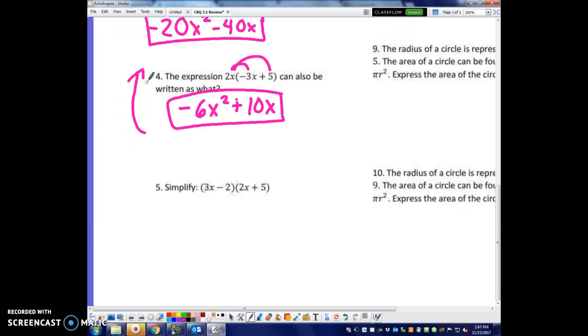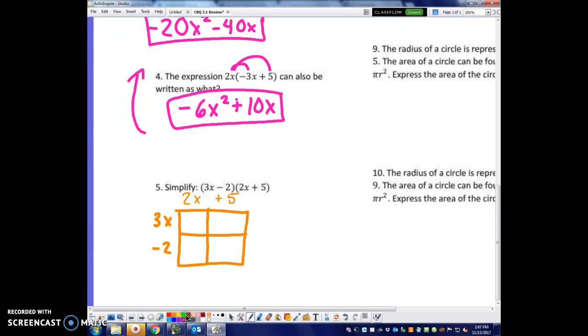Okay. Number 5, it wants you to simplify these. They're multiplying, okay? So make your box. Okay, we have 3x minus 2. Let me make my pen smaller. And then we have 2x plus 5.